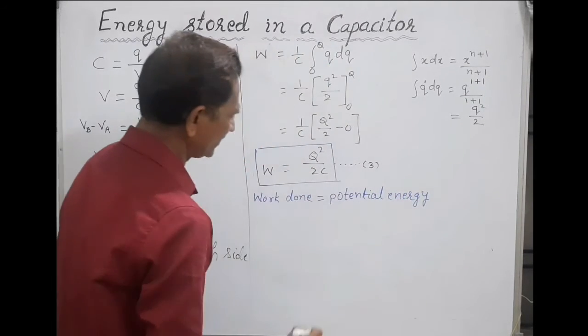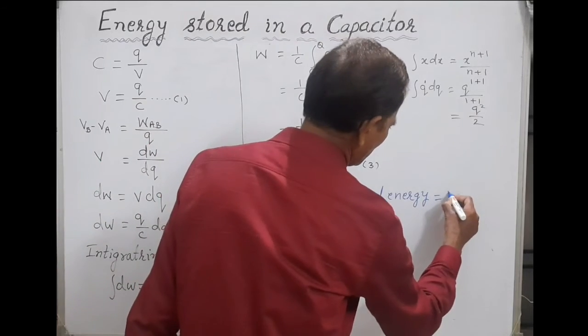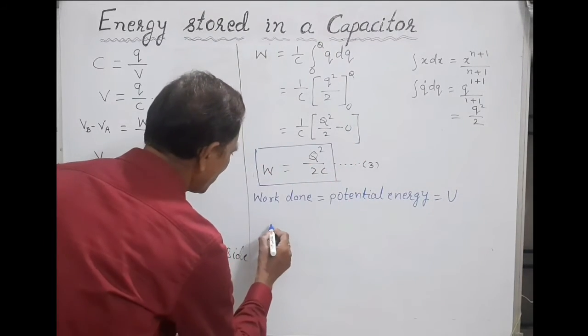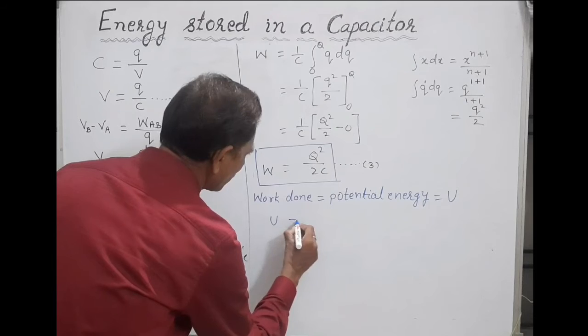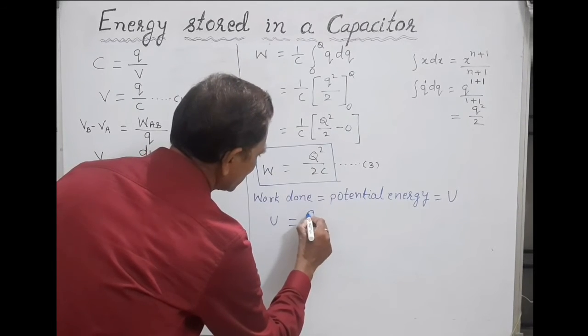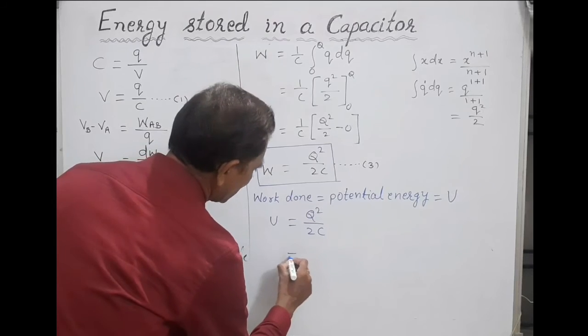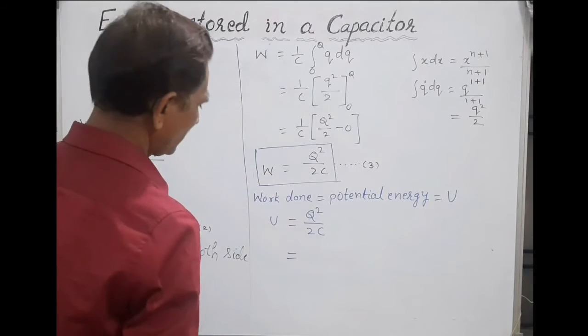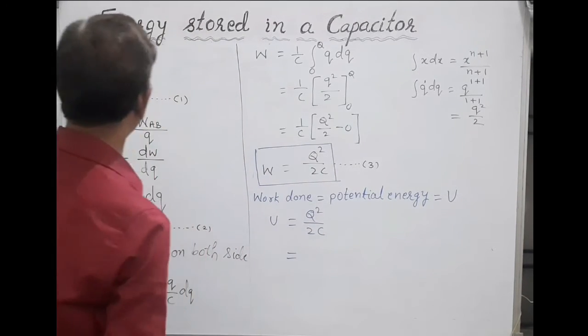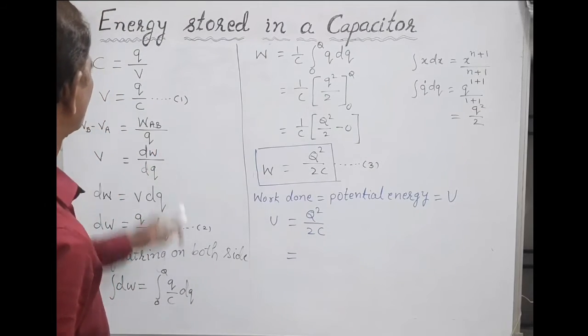Electrostatic potential energy is equal to U. Therefore, we may write U equal to Q square divided by 2C, writing the Q value from equation 1.